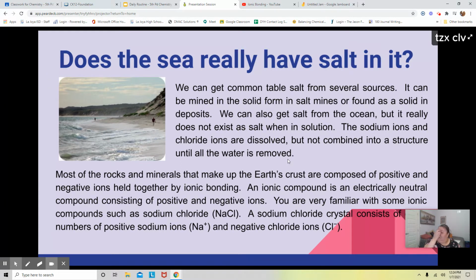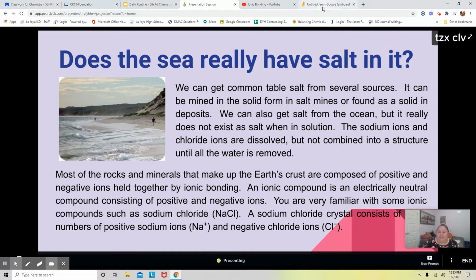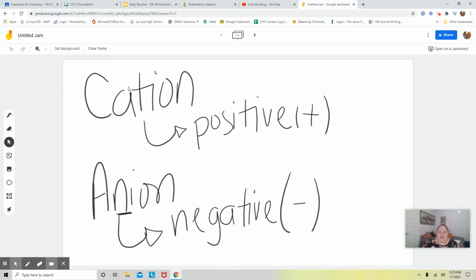Now, what's an ionic compound, Miss? Well, an ionic compound is an electrically neutral compound consisting of positive and negative ions. And remember, those ions, we're talking about cations and anions. Always remember, and I'm going to emphasize this again, cations always lose electrons.